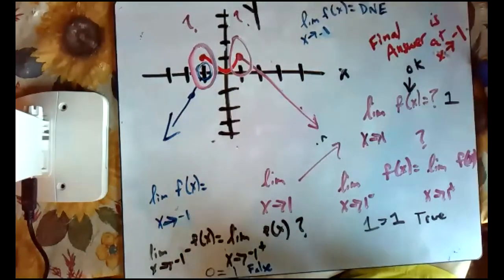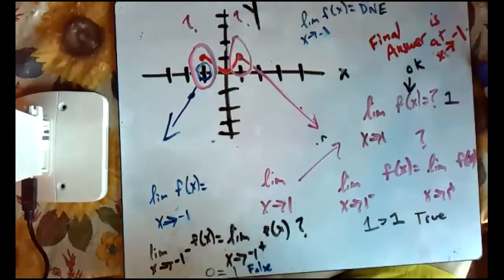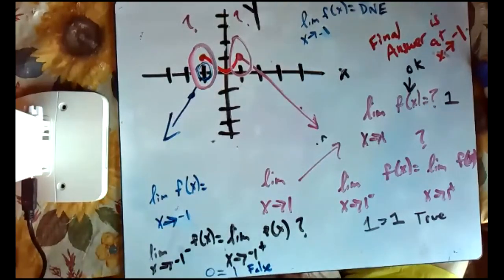Because remember, we were just looking for the value where the limit does not exist, not the ones where it does exist. So we were just trying to identify the problematic point in which the limit does not exist.